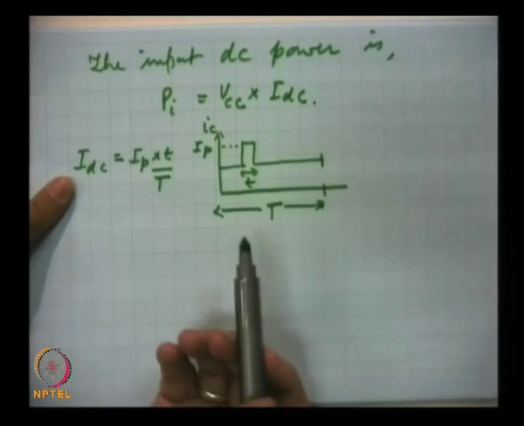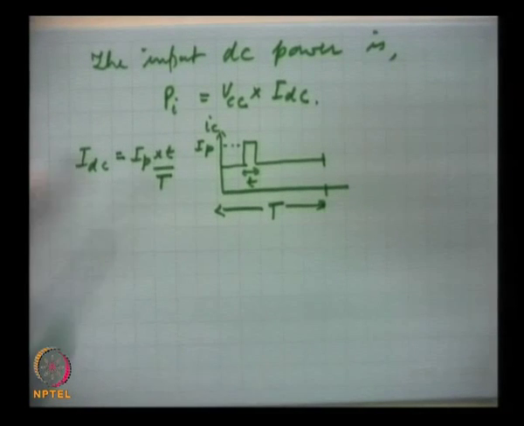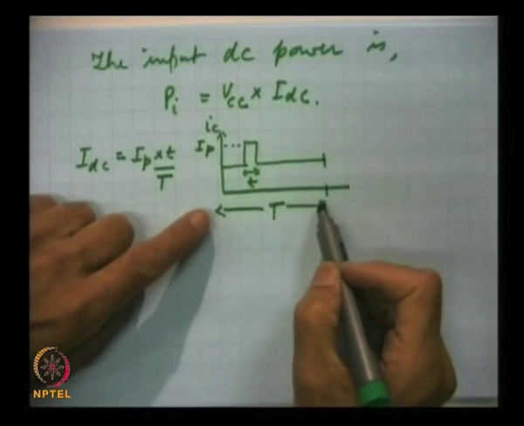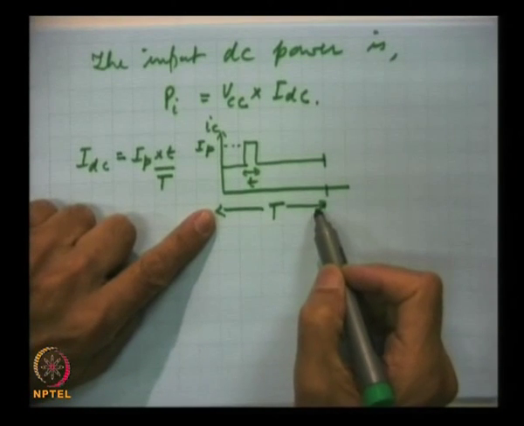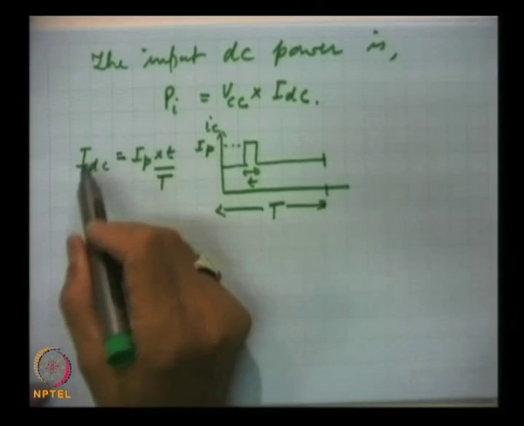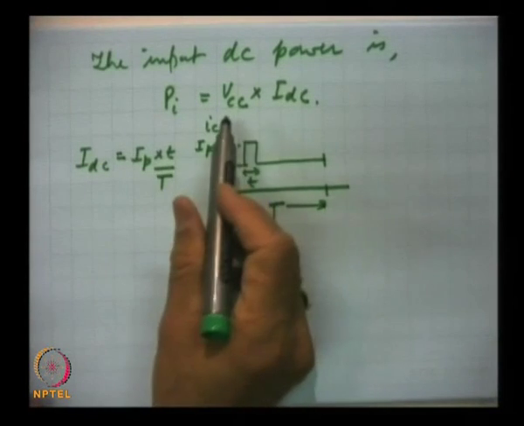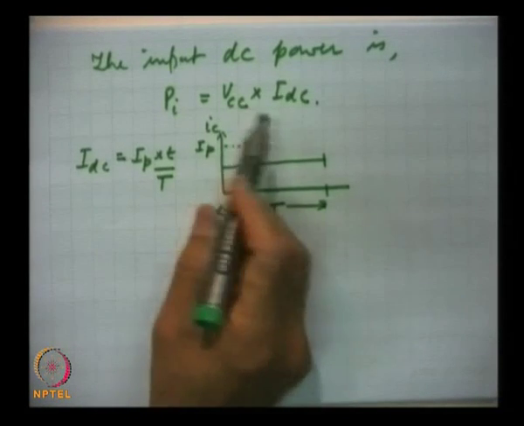It is very clear. The collector current flows for a very short period t in comparison to the period of the wave. So, this is the expression which we have to use.